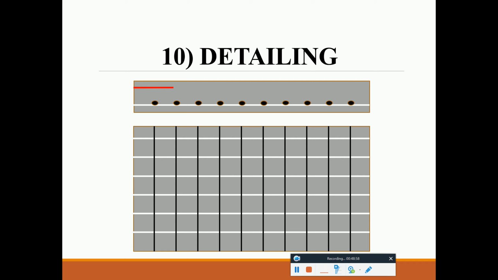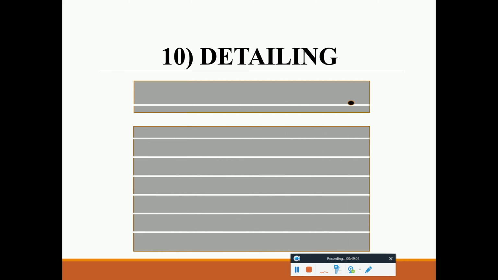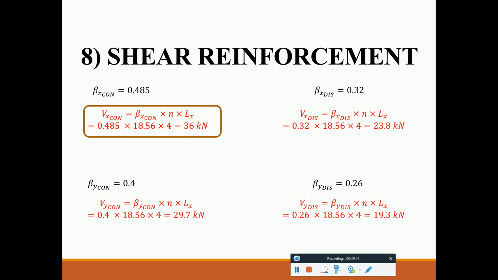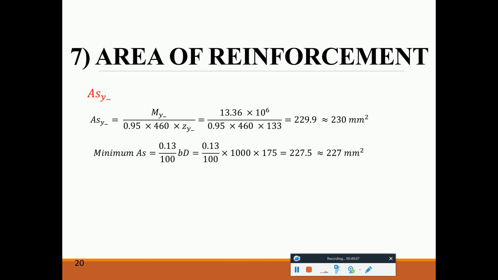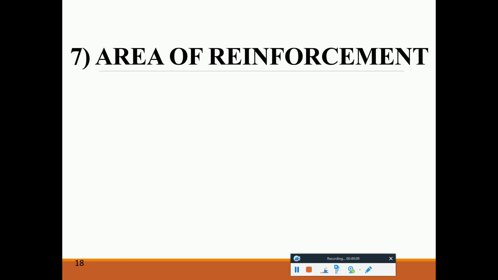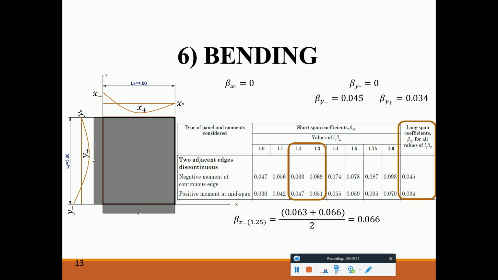And then in the example that we have tried to solve, you can see that the bending moment in this particular one is available only on one side. It's not available on both sides.